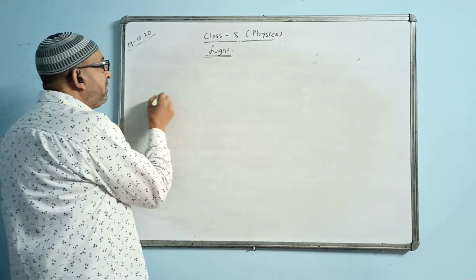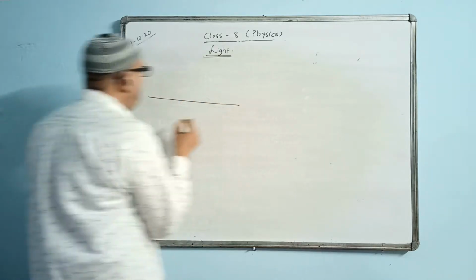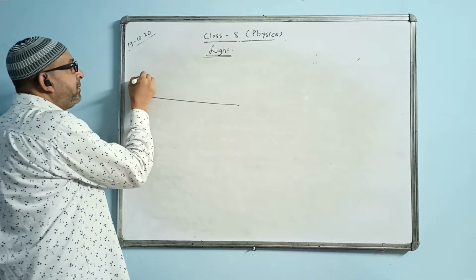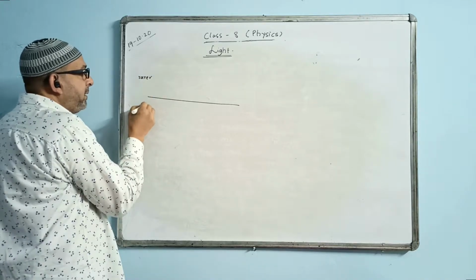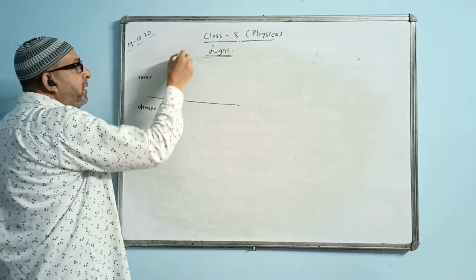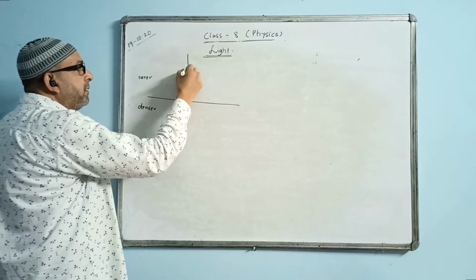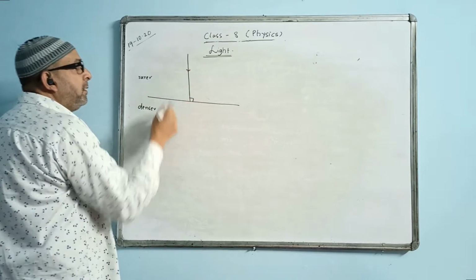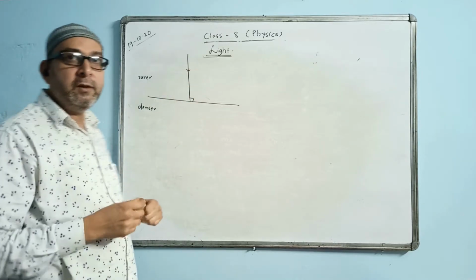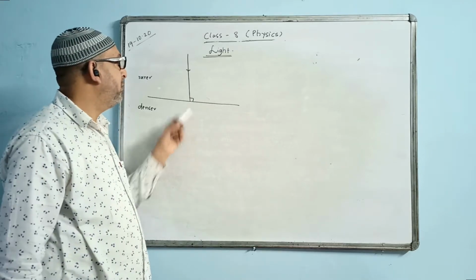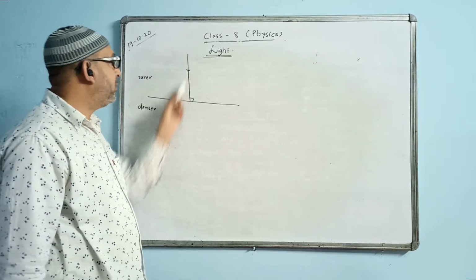And now a situation is there like this. We are having two mediums, maybe a rarer medium here, maybe a denser medium here. Ray of light, suppose coming like this way. This is called the incident ray passing normally through the surface.